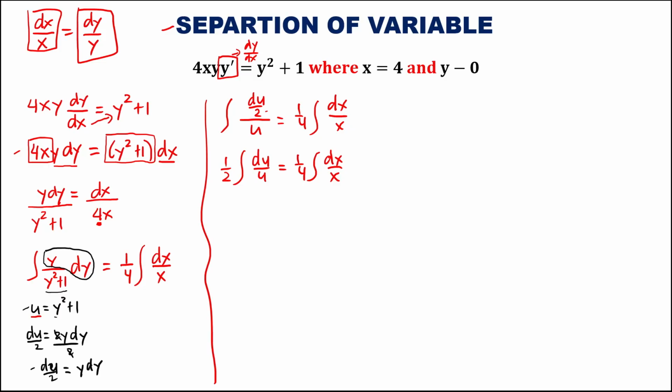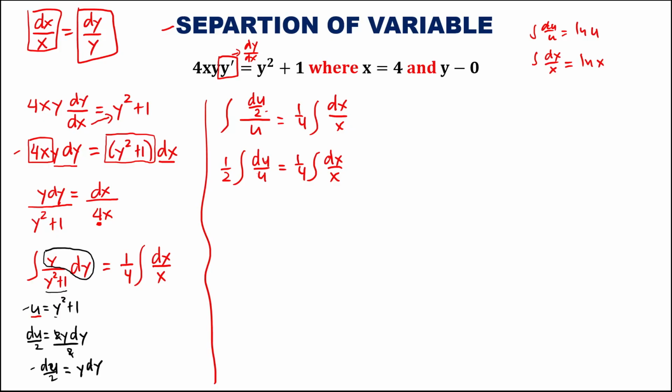Now to find the integral, take note that the integral of du over u is equal to ln u. So therefore the integral of dx over x is equal to ln x.